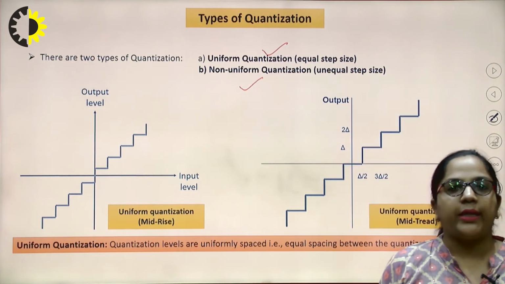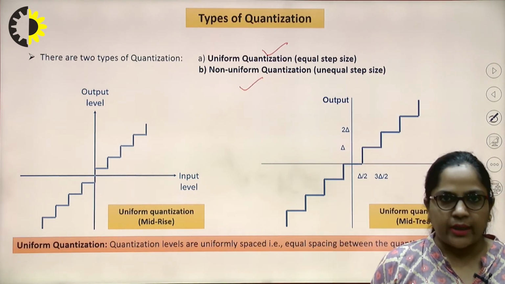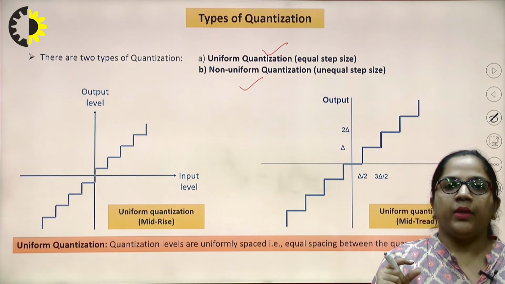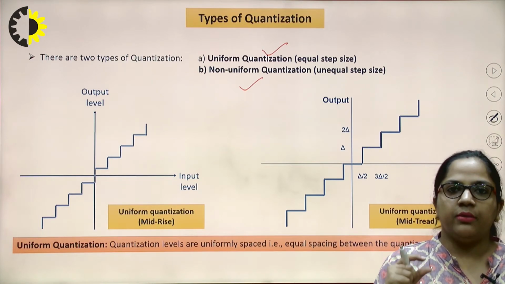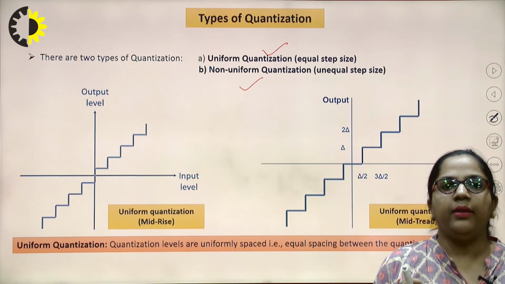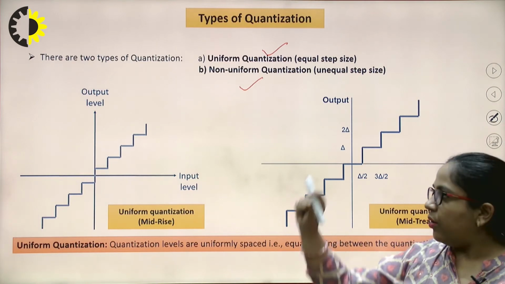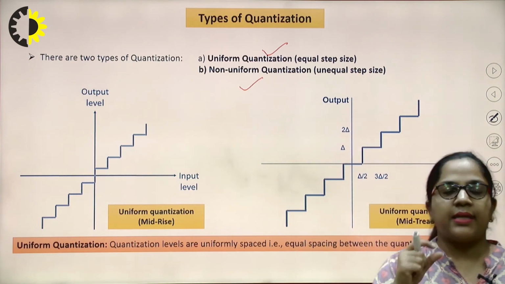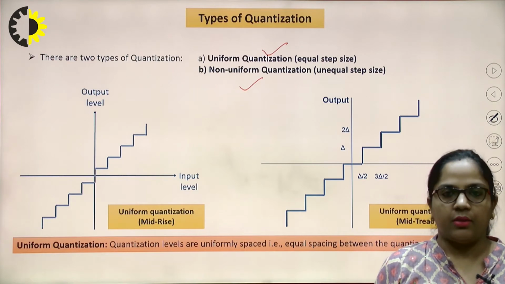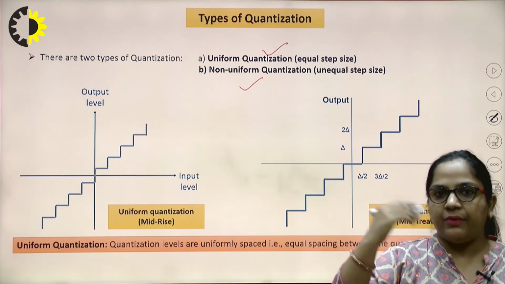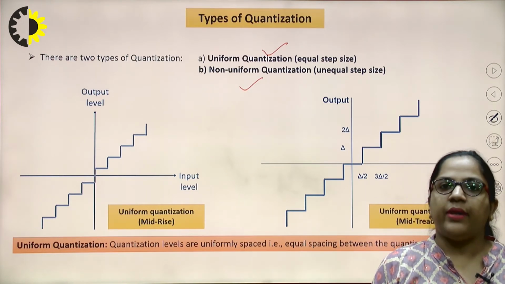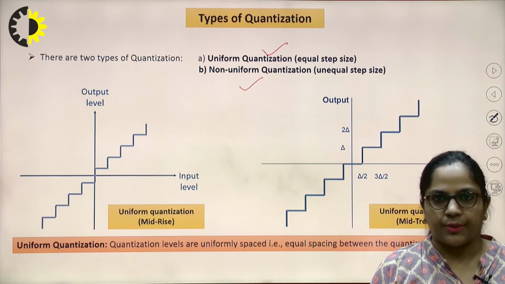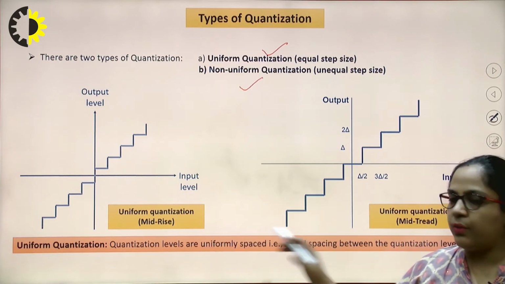In uniform quantization, the step size is kept fixed and is equal for all the levels. In non-uniform quantization, the step size is unequal, or the gap between two adjacent levels can vary from one to another.